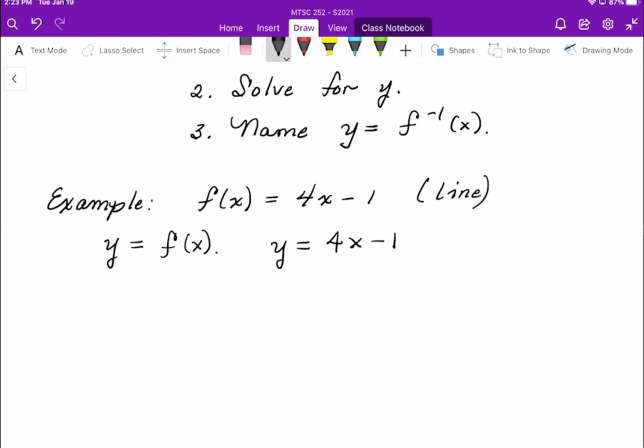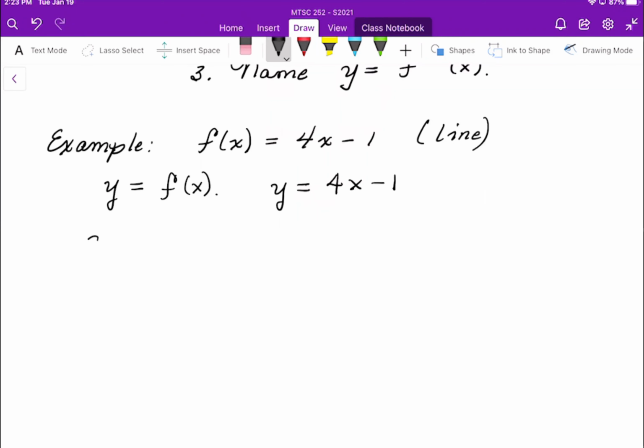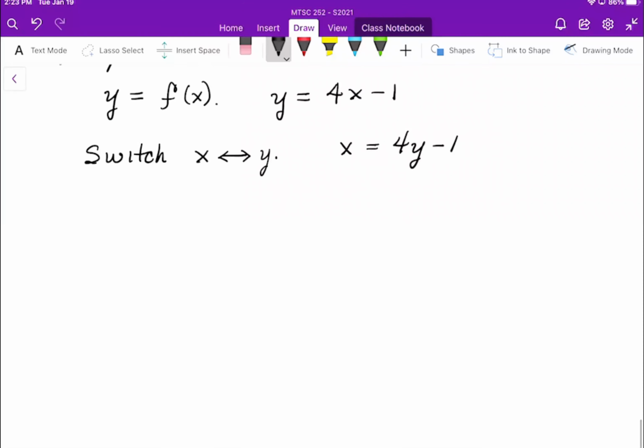All right. So the method says switch x and y. So now I want to switch x for y. And I'm going to get x is 4y minus 1. So all I did was change x and y. Now I need to solve for y. So I'm going to add 1 to both sides.